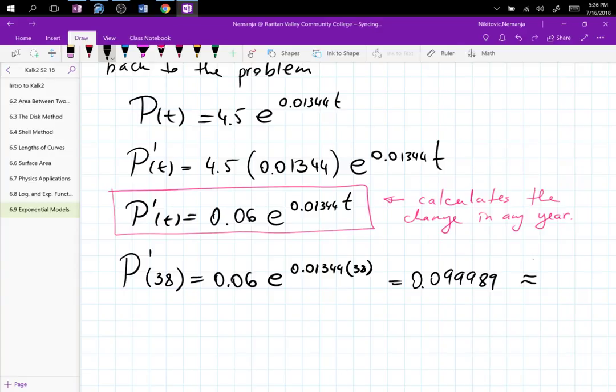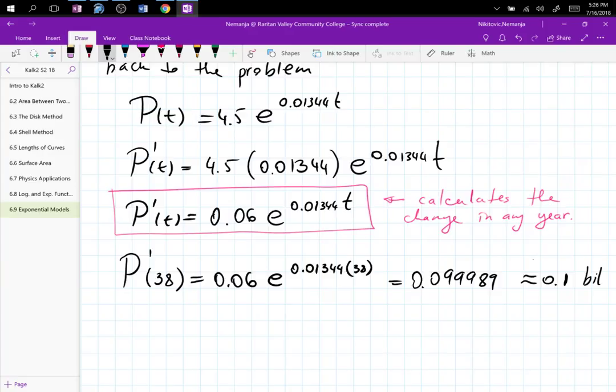So we're just going to call this 0.01 billion, if the calculations went right. Wouldn't it be 0.1? Yeah, 0.1, sorry. That's 100 million. So we are adding 100 million in 2018.